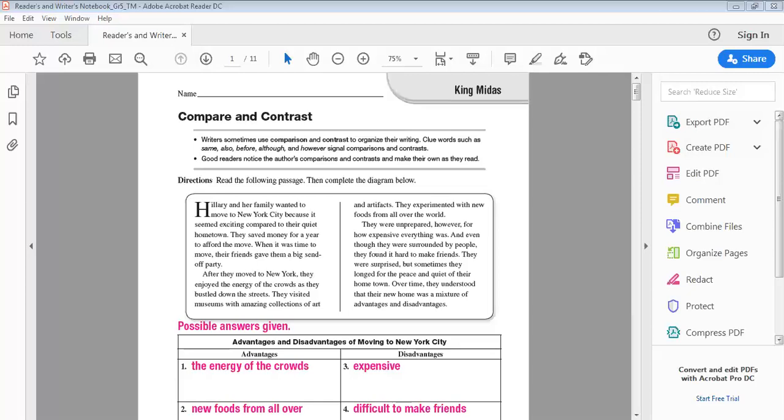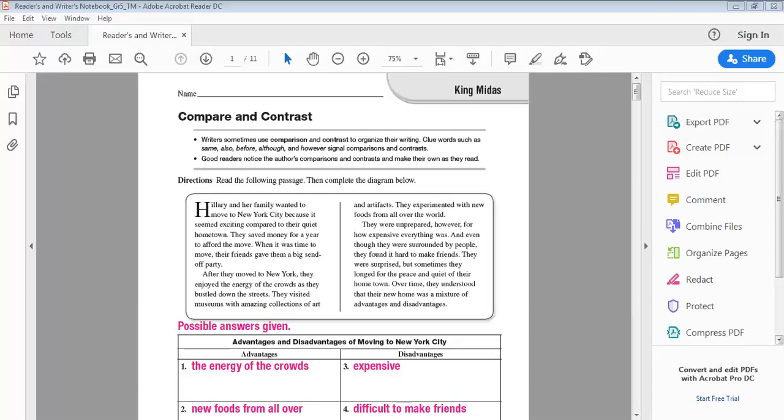Sometimes they longed for the peace and quiet of their hometown. They realized that where they lived before was quieter compared to New York, and that it was better to live in their old home.